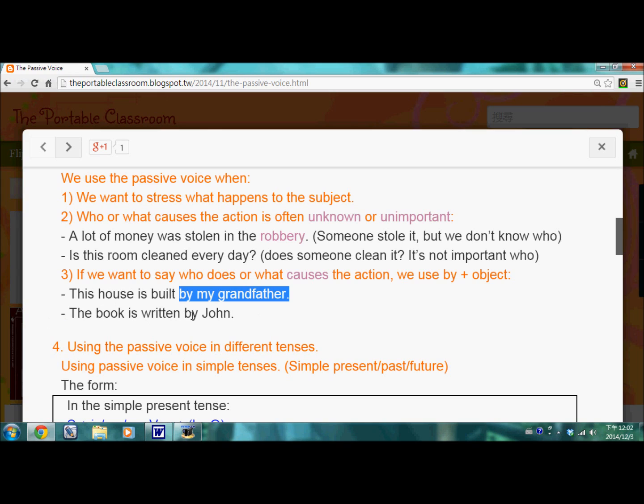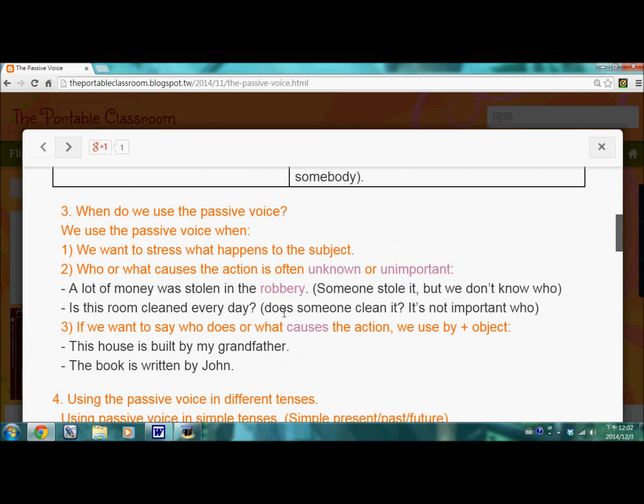This book is written by John. So actually, John wrote the book. And these are the 3 situations that we use the passive voice. Keep them in mind. And then later, we'll talk about using passive voice in different tenses. Thank you for watching this.